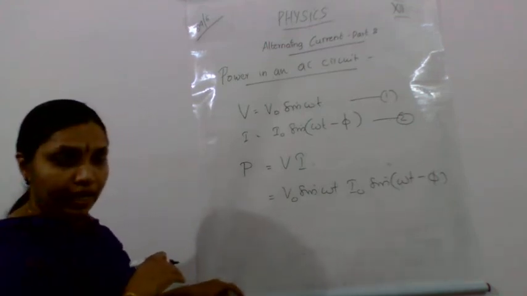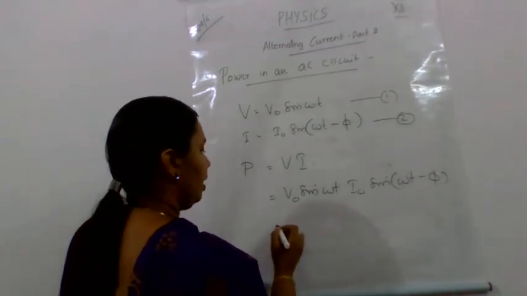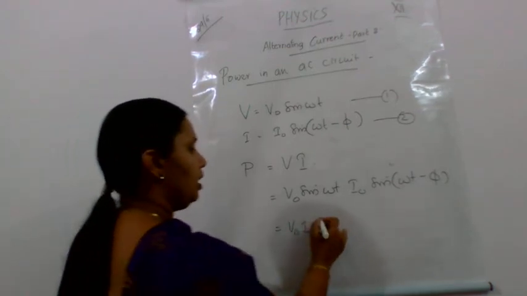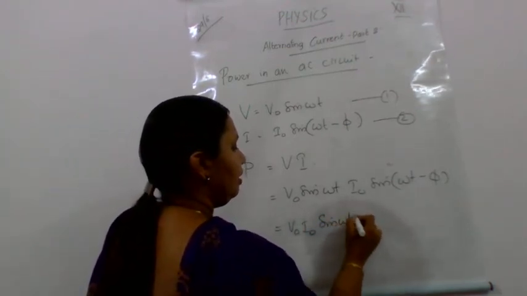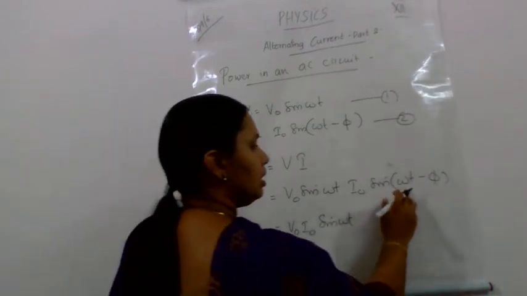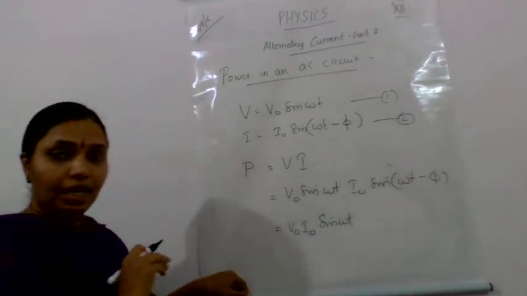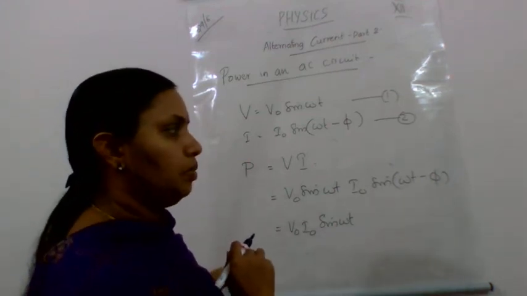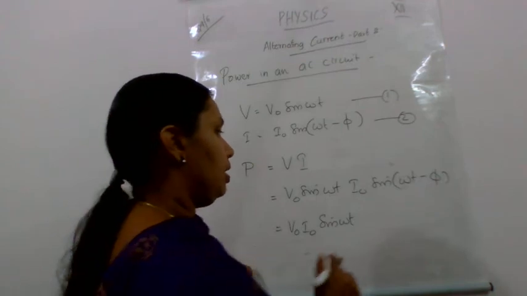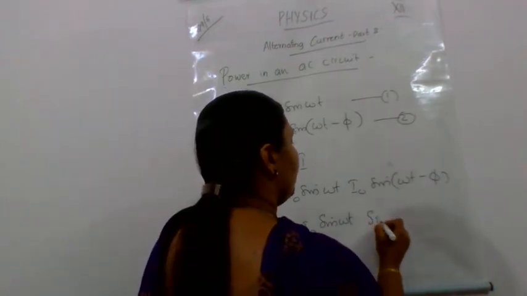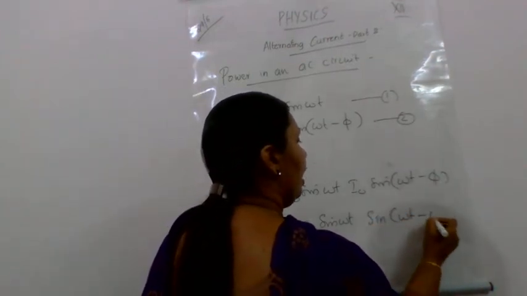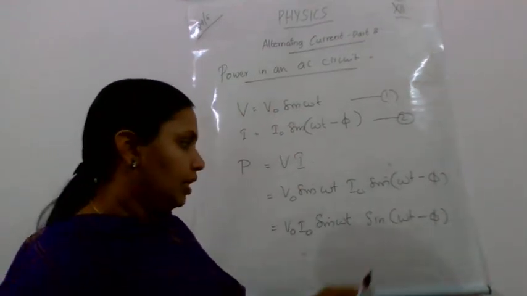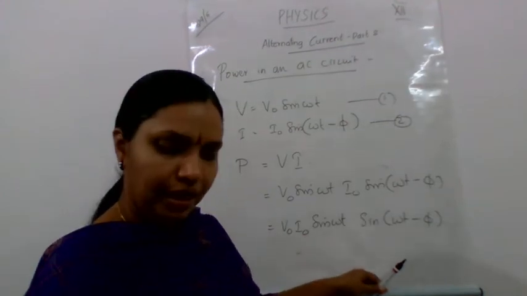Expanding and rearranging, we can take V0 and I0 together. Then what comes is sin omega t times sin(A minus B). What is sin(A minus B)? Sin(A minus B) is sin A cos B minus cos A sin B. So we can expand that in that form and simplify it. So we can write sin(omega t minus phi).